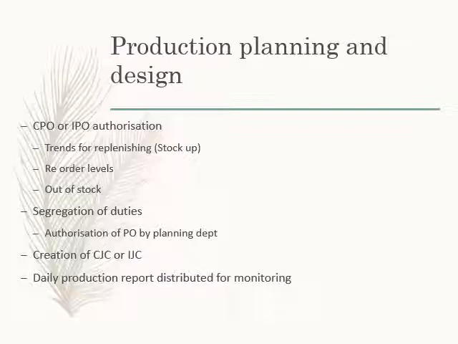Typically, these documents would be used to establish the trends for when finished goods need to be replenished. In other words, when does your stock reach its reorder levels, or when are you out of stock?